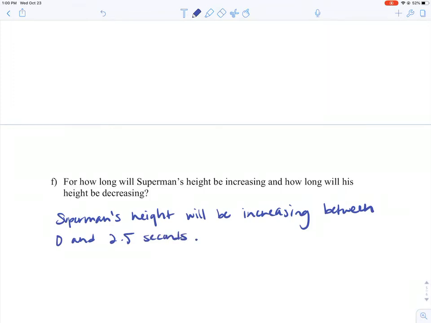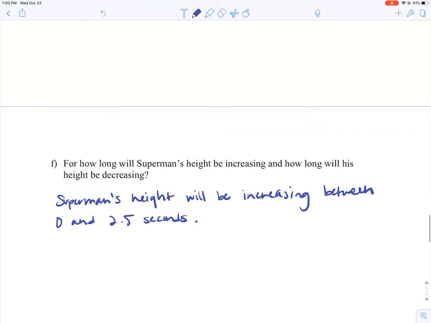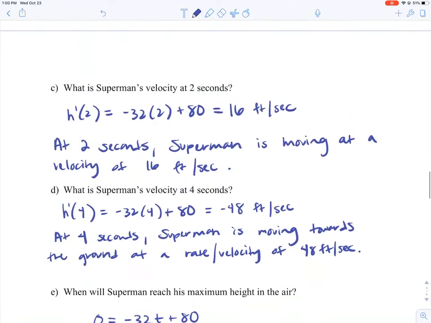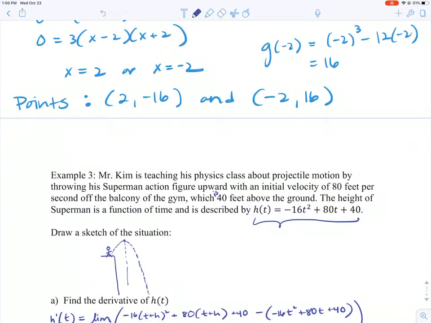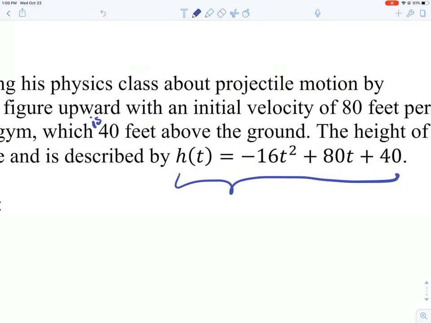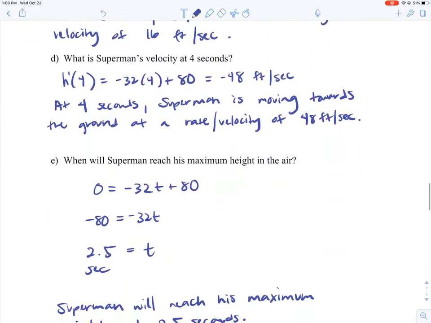After 2.5 seconds, his height will start decreasing, but he's not going to just keep dropping. We want to figure out when he will hit the ground. So we can go back to our original equation, our function where the outputs were height as a function of time, and solve for what times Superman's height would be 0, meaning he would be back on the ground.